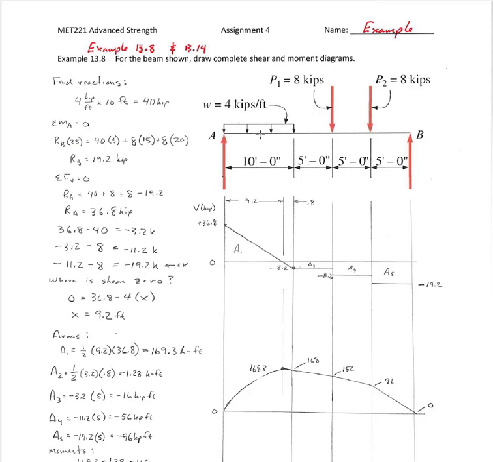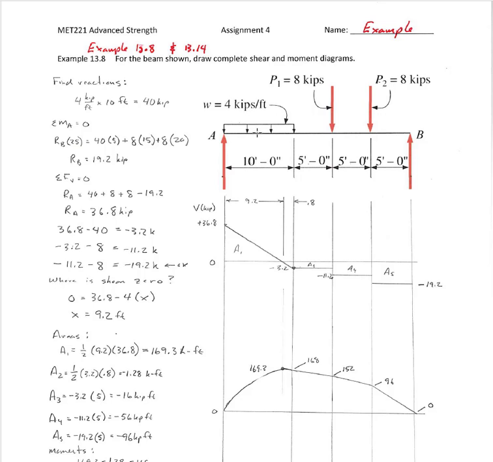In which case I have the moments due to this distributed load, the moments due to this concentrated load, and the moments due to the concentrated load at point 2. I'm replacing the distributed load with a 40 kip load at 5 feet away from point A. Essentially the centroid of this 10 feet is 5 feet, and the total load is 40.